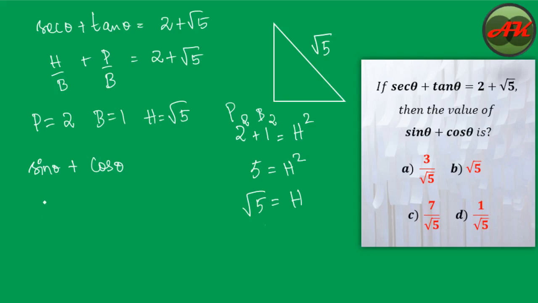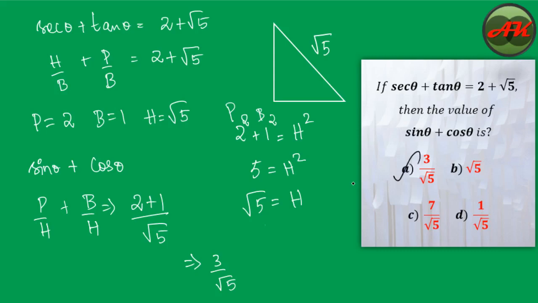We know sin is perpendicular by hypotenuse plus cos is base by hypotenuse. So perpendicular is 2 plus base is 1, divided by hypotenuse, which is root 5. So 3 by root 5 we get at last. So option A is the answer.